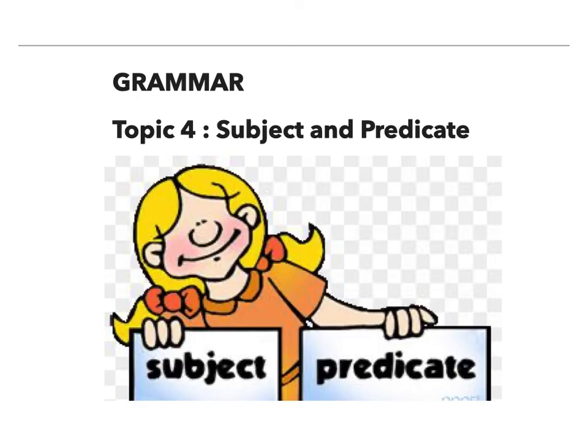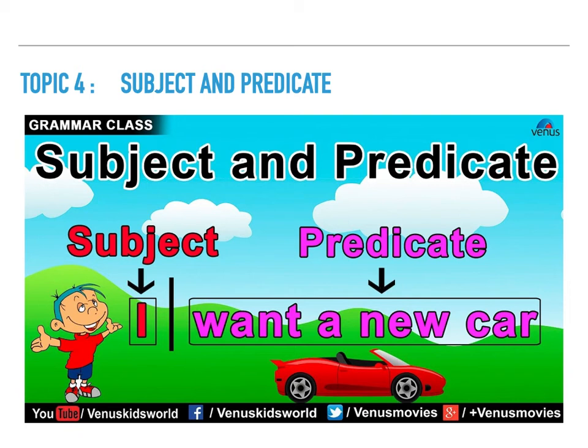Next topic is subject and predicate. There is a subject in a sentence, and the simplest definition is that the rest of the sentence is your predicate. If you separate the subject from the rest of the sentence, it will be the predicate. Here it is. The sentence is: I want a new car.